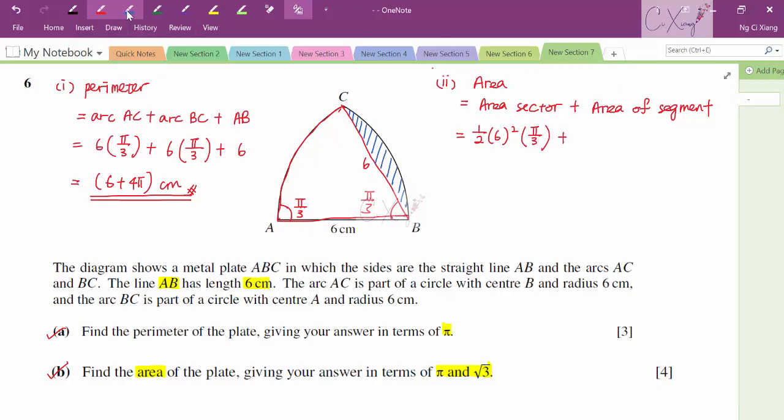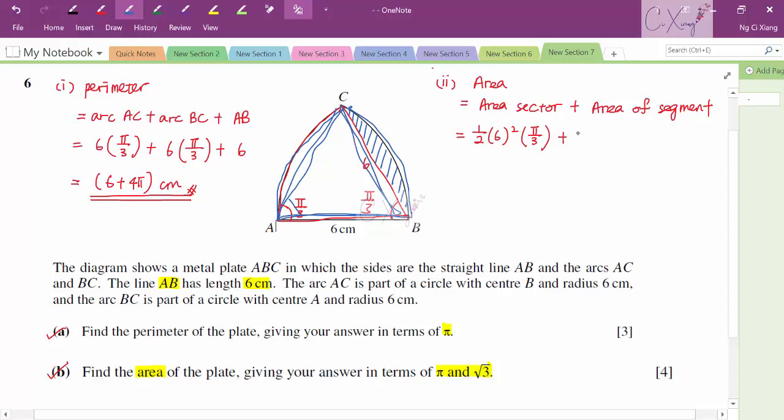To get the area of segment, generally you also need to take the area of a sector minus the area of triangle. Okay, so you should take the area of sector minus the triangle.